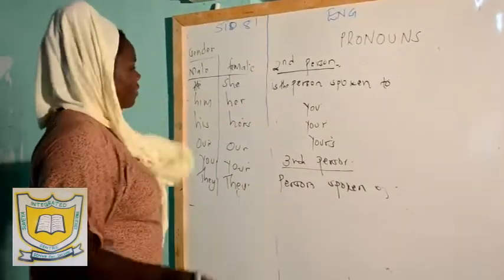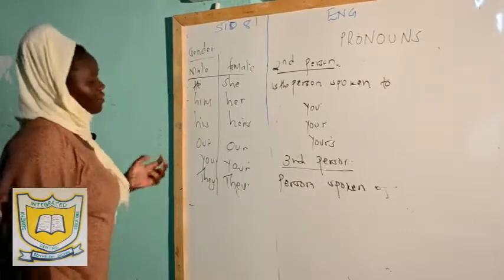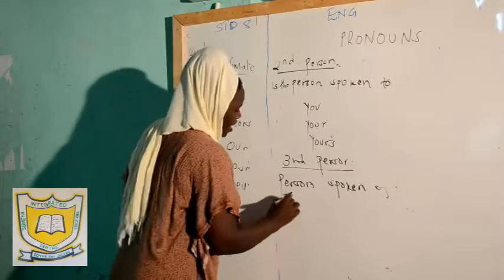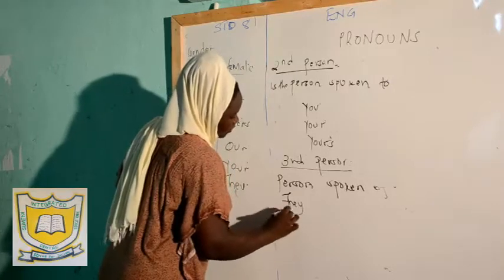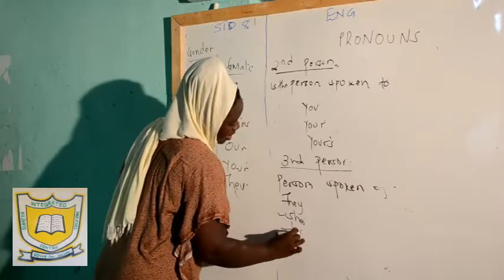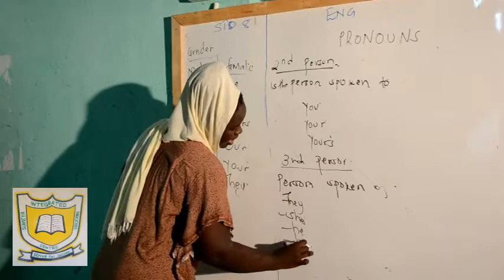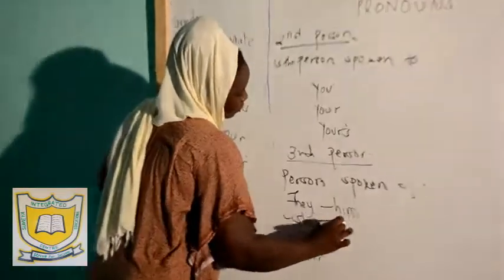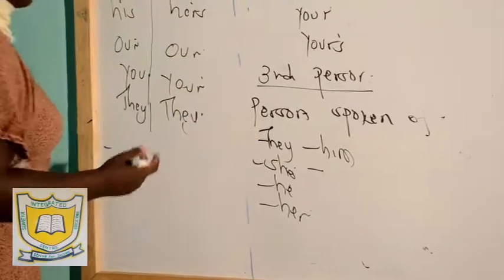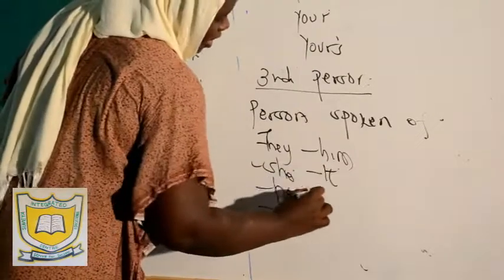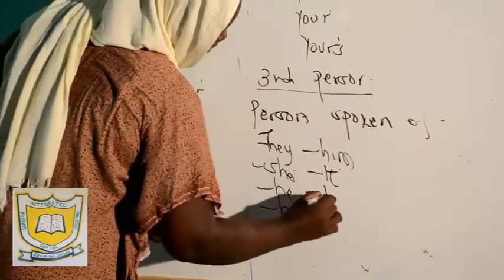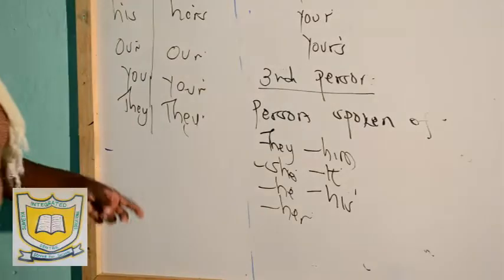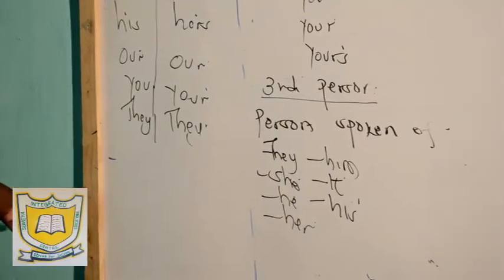Examples: they, she, he, her, him, it, his. Those are examples of third person pronouns.